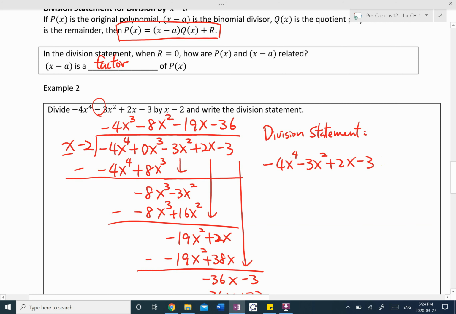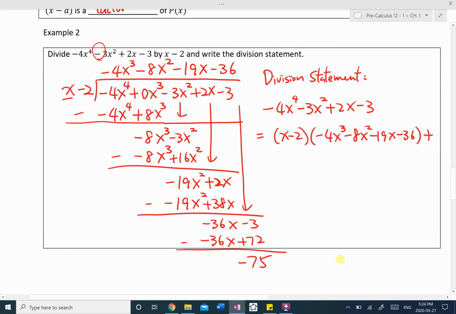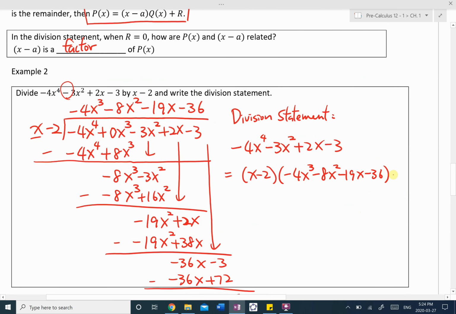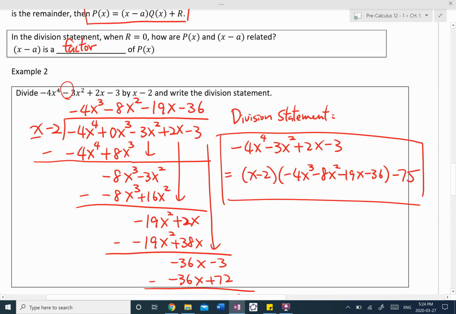This is equal to x minus a, which is x minus 2 here, times our quotient, negative 4x cubed minus 8x squared minus 19x minus 36, plus the remainder, which is, oh, actually minus 75. So here is our division statement.